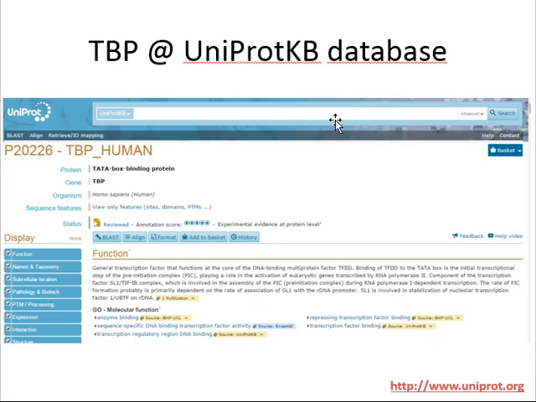As we have been discussing, we have the example of the TATA box binding protein, the human TATA box binding protein. In the UniProt database, it has a unique accession number, P20226, and the entry name is TBP human.